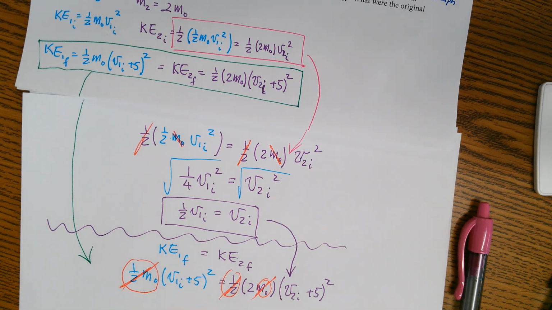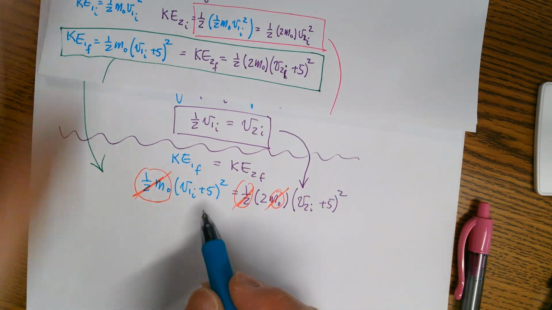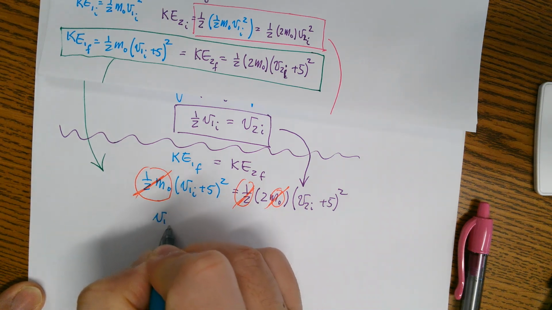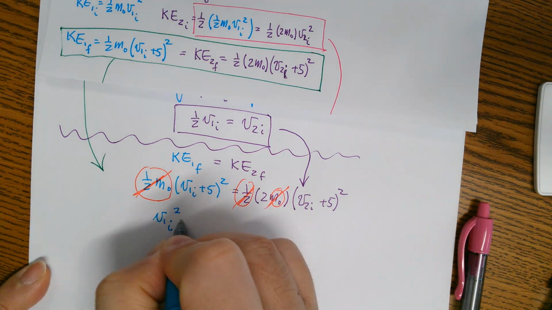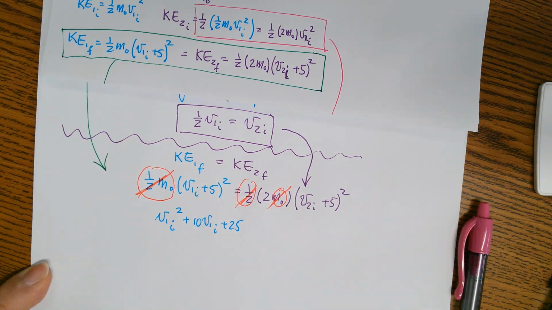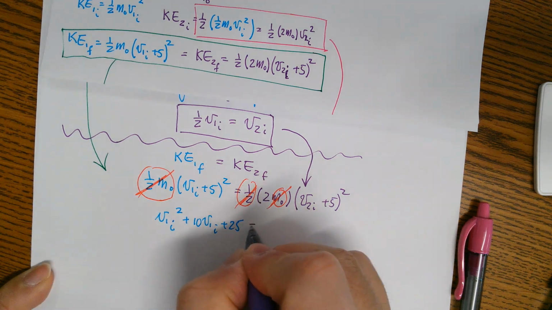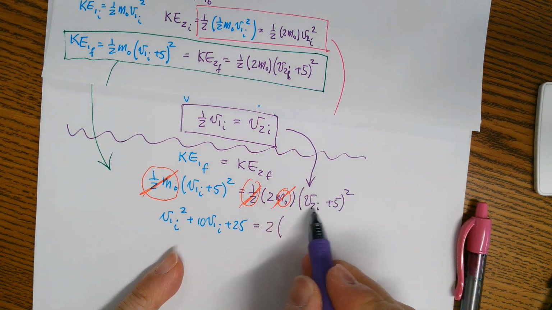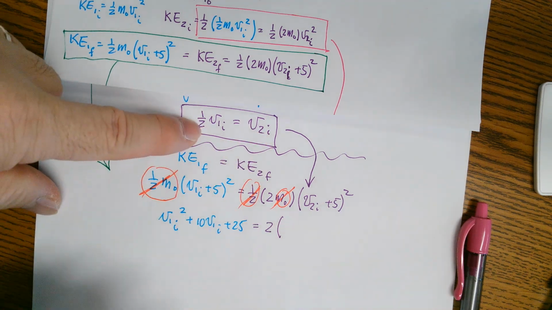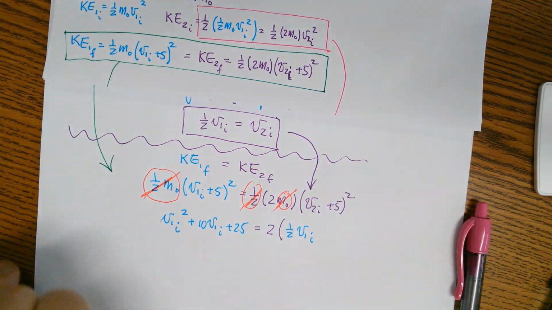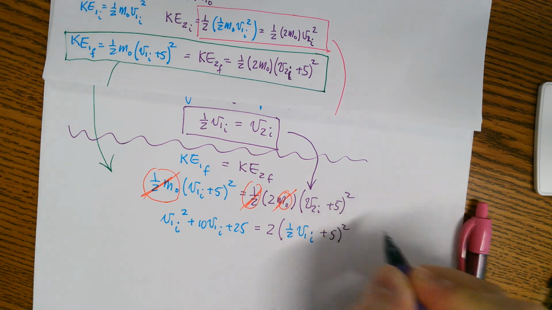On this side, we have to foil this. So we have V1 initial squared plus 10V1 initial plus 25 on this side. On the other side, I have 2 times V2 initial, which is the same thing as 1/2 V1 initial plus 5 quantity squared.